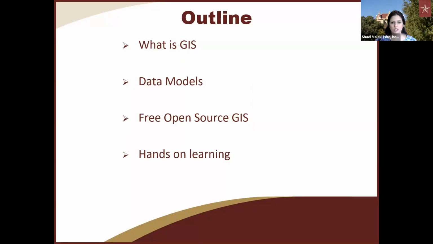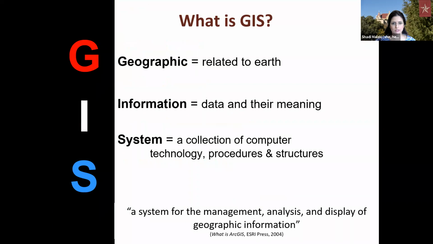I'm going to talk about GIS, of course, just a quick definition, and then the data models that we use in GIS. What are the types of data that we can use in GIS software. And then I'm going to introduce some free open source GIS that you can use without the need of paying for any type of expensive software. And then hands-on learning is the next session that we have.